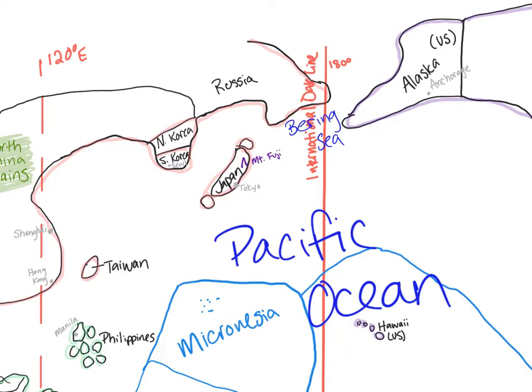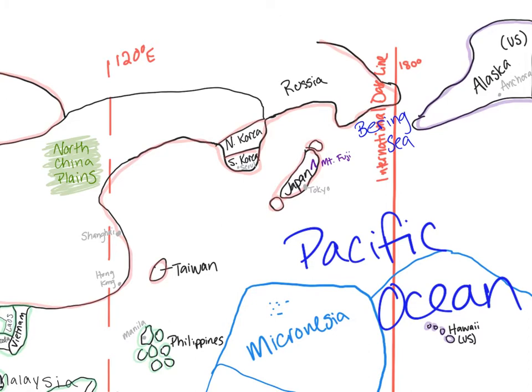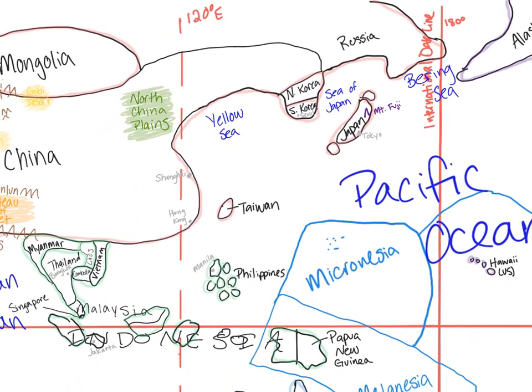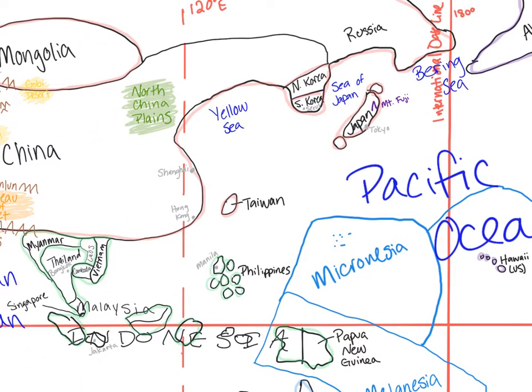We need to do, since we're over here, we need to do the Sea of Japan between South Korea and Japan. And then the Yellow Sea is on the other side. Okay. The South China Sea is down here by the Philippines and Taiwan.